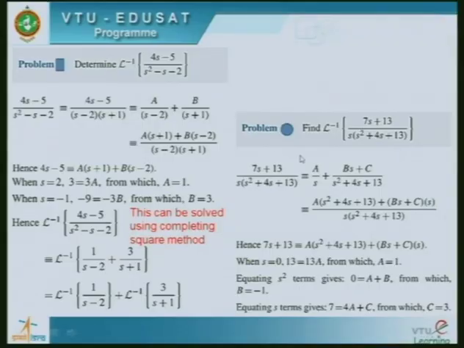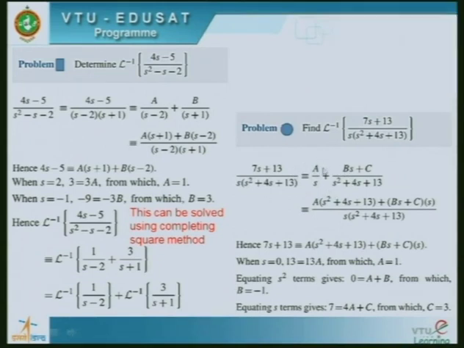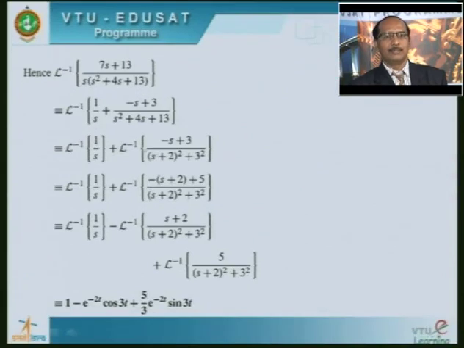See another example here. The numerator is linear, the denominator has one linear factor and another quadratic factor. As per the partial fraction method, A divided by the linear factor, and Bs plus C divided by the quadratic factor, then multiplying by the denominator. This is the usual procedure to find the A, B, C values.